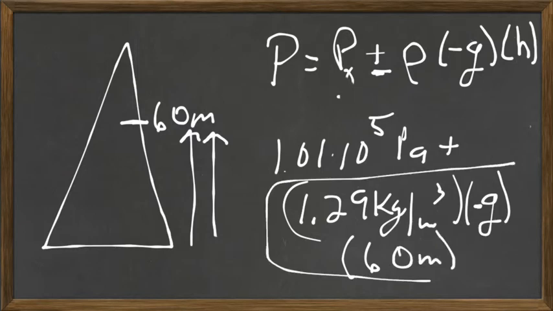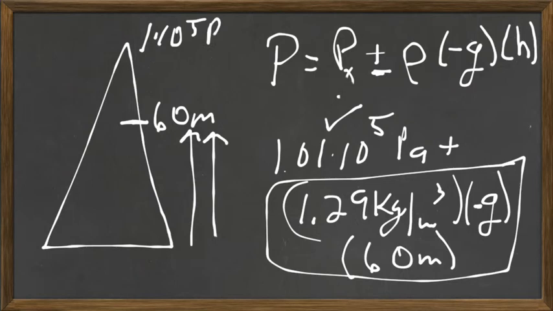Our rho g h will be negative, which when added to the value for atmospheric pressure will give me a pressure above sea level, something lower. And when I put my numbers in, I wind up getting basically 1 times 10 to the 5th Pascal. Not a lot lower than 1.01 times 10 to the 5th, I'll grant you, but we're really not that high up, and the density of air is really small.